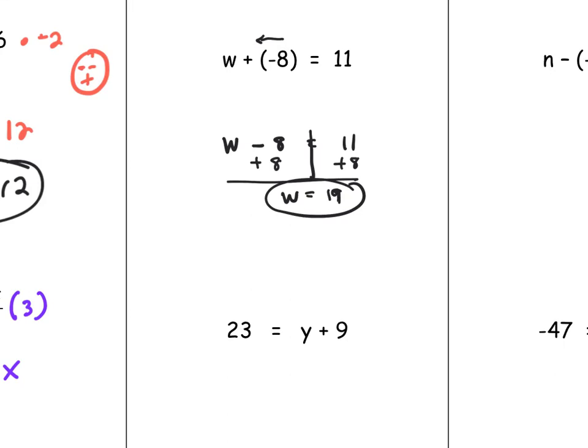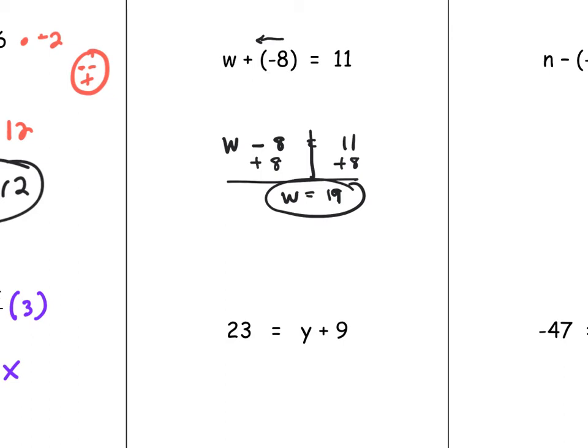So if we try to solve this the way it is, I can do one opposite thing. I can either do the opposite and subtract negative 8, and subtracting a negative is the same thing as adding a positive. That's a wee bit confusing.